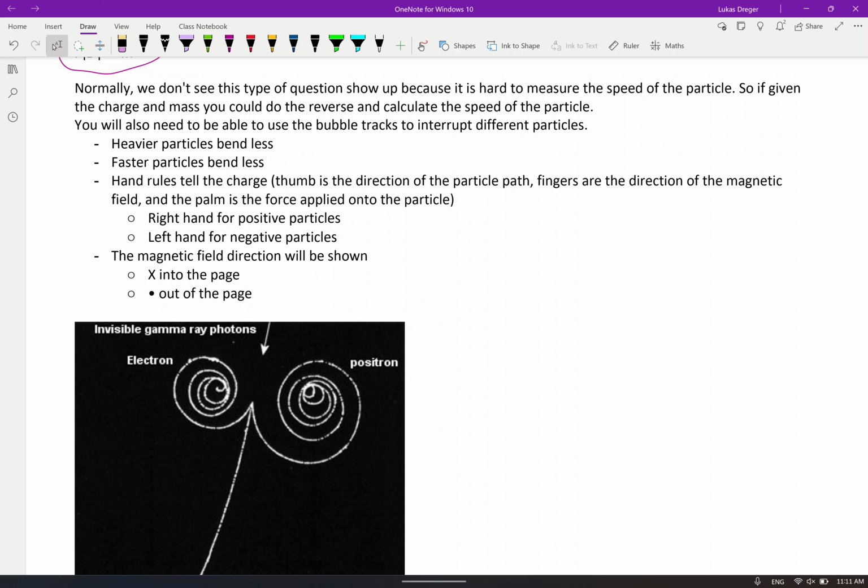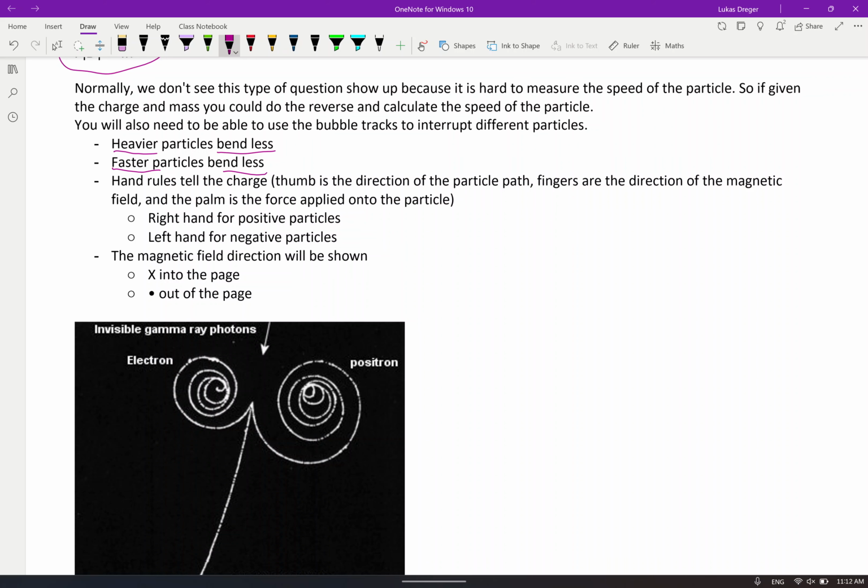Now, there's a few things we need to know when we are looking at these diagrams or pictures of cloud chamber bubble tracks. Heavy particles bend less and faster particles bend less. So with that in mind, if you're looking for the circular path and it looks relatively straight, then we know that it's either really heavy or really fast.